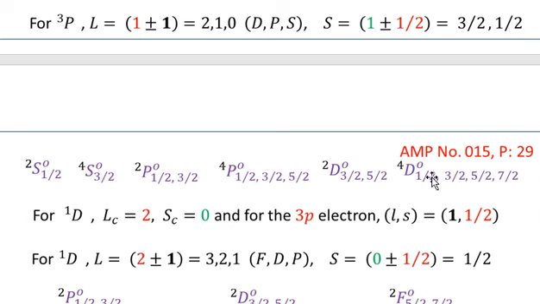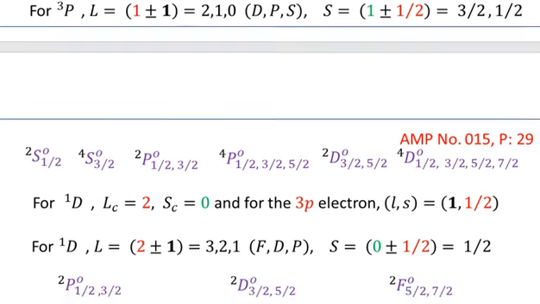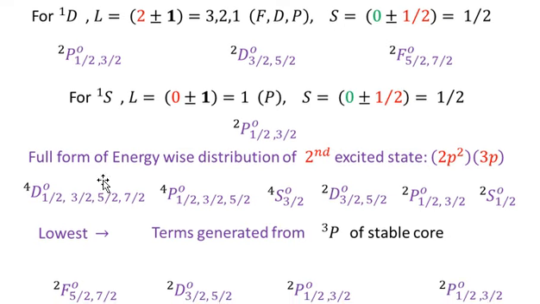So you see that these are the terms corresponding to 3P terms. When this 3P core term is combined with the 3p electron, then of course these terms were obtained, and now I have to arrange these terms in energy distribution. That is, the terms with the lowest energy will be on the left hand side, and the terms with higher energy will be on the right hand side.